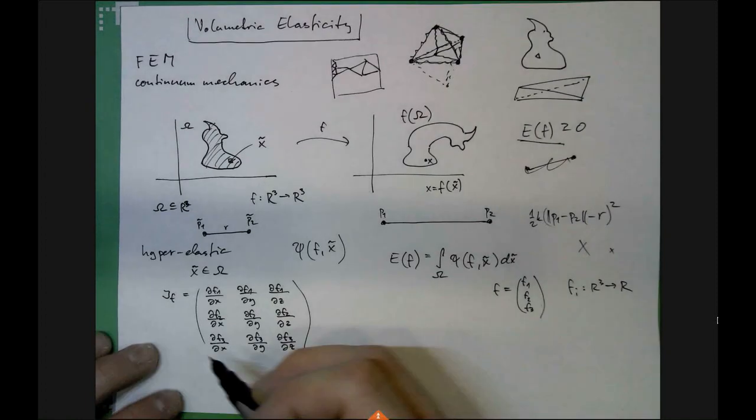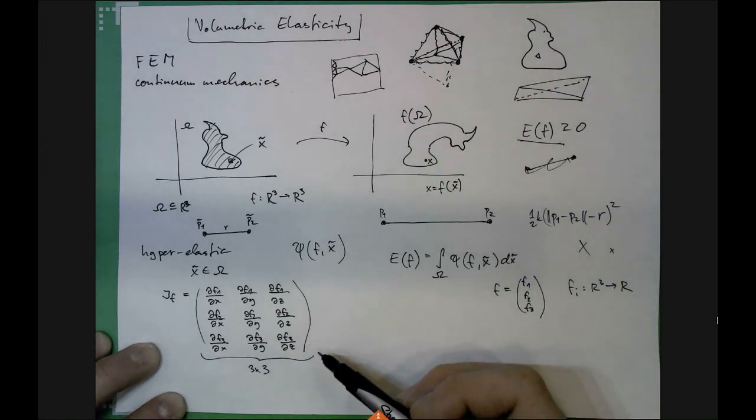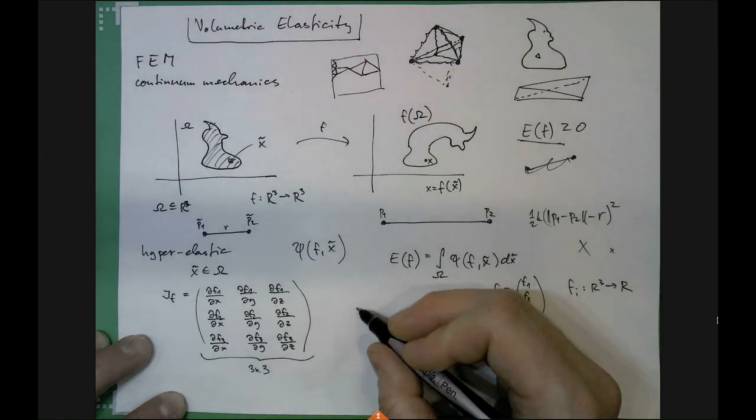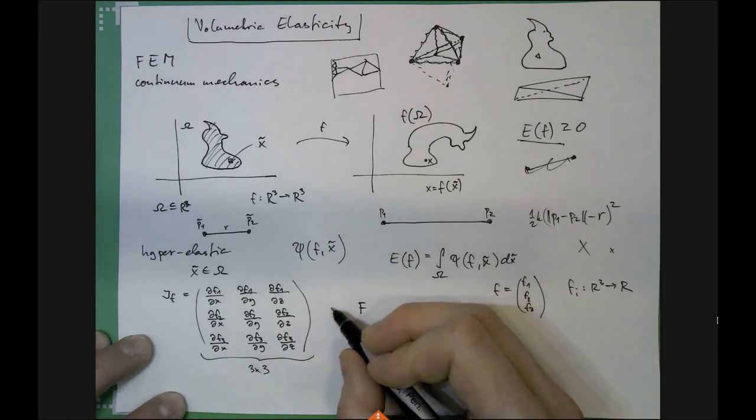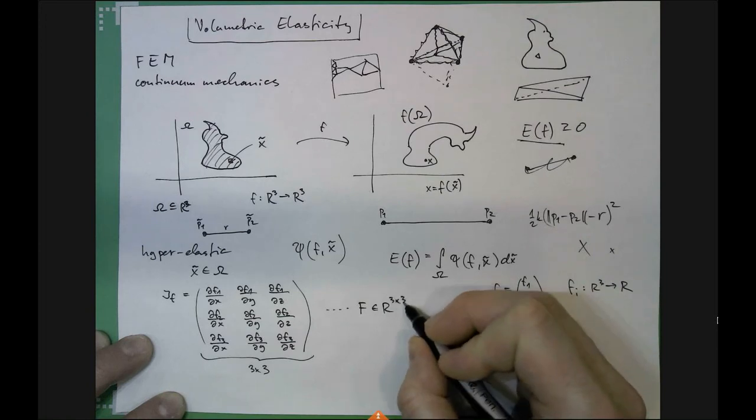So the Jacobian is a 3 by 3 matrix, right? Sometimes it's also called the deformation gradient, and it's written as capital F. That's the same thing, just a different notation. It's a 3 by 3 matrix.